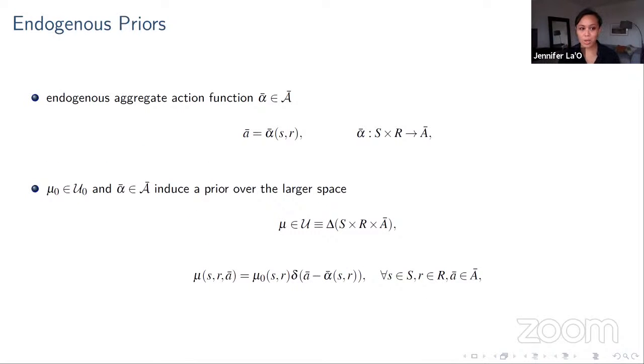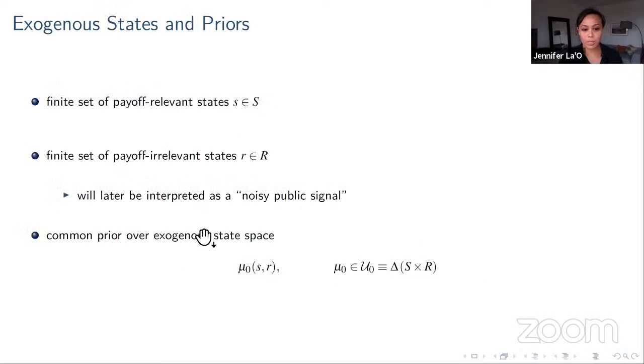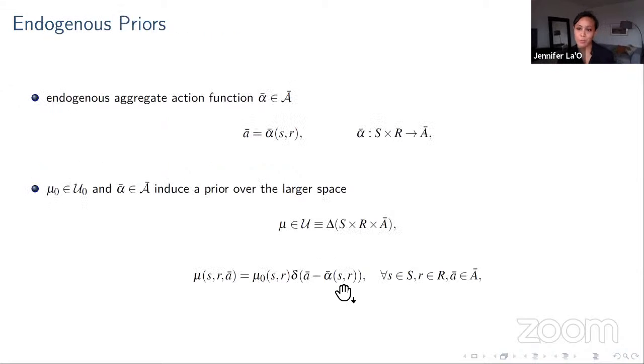Agents are endowed with this common prior over the exogenous state space, but they also have a prior over the aggregate action, and that's endogenous. I haven't defined equilibrium yet, so I'm just going to say this and verify it later. There's an aggregate action function, A bar, which maps these exogenous states into the aggregate action.